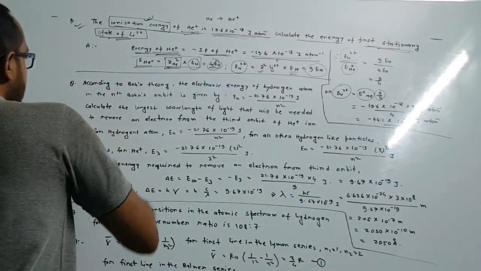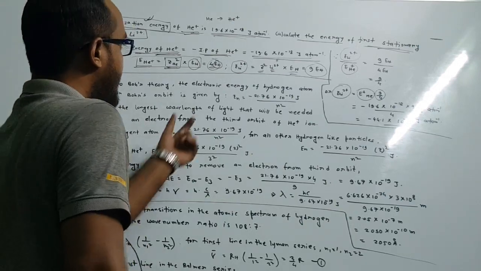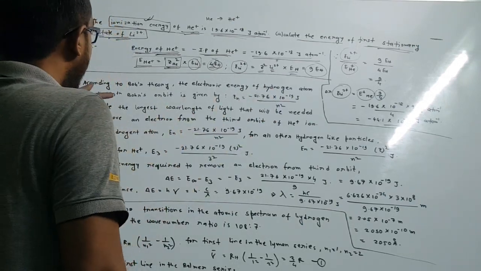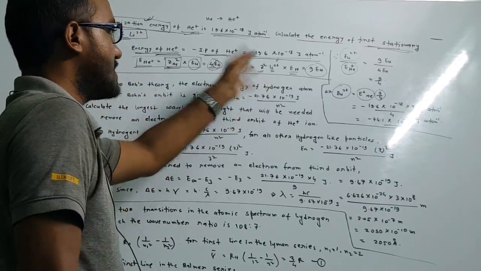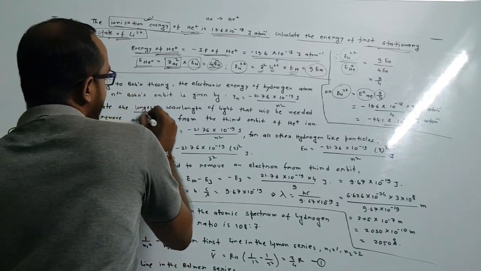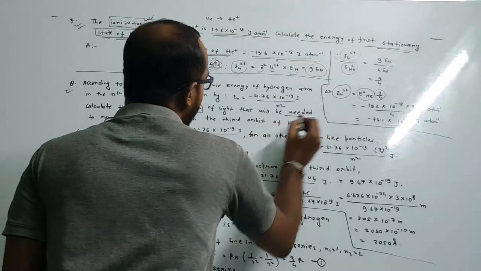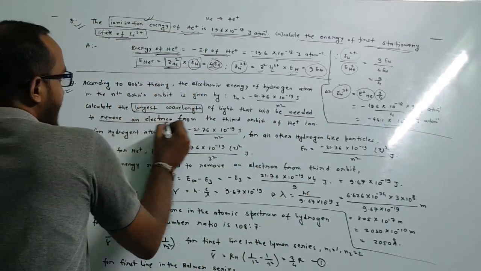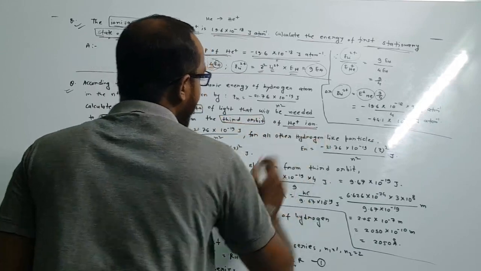Now our next question is, according to Bohr theory, the electronic energy of hydrogen atom in the nth Bohr orbit is given by this. This relation is provided. Calculate the lowest wavelength of the light that will be needed to remove an electron from the third orbit of helium plus ion.